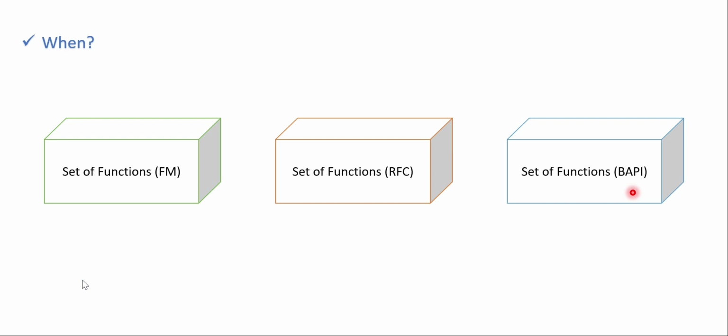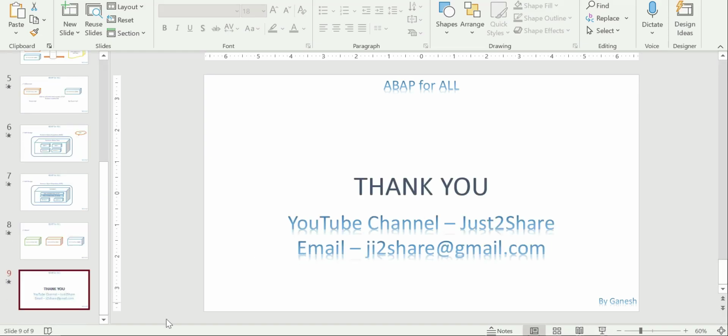Maybe I can come back to this slide after showing both transactions in the system, then we'll come to a conclusion on when to use what. So let's get into the system now.